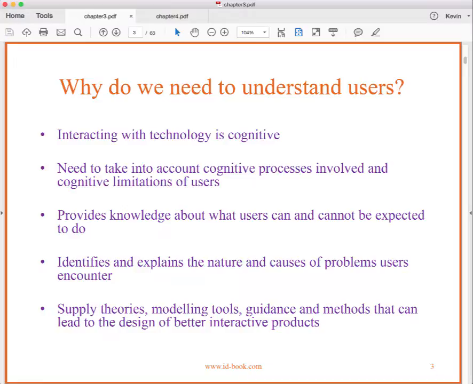And what we're really trying to do is to go down much deeper, take a look at the research that's been done on the cognitive considerations in human-computer interaction, and then talk about what conclusions can be drawn from that.